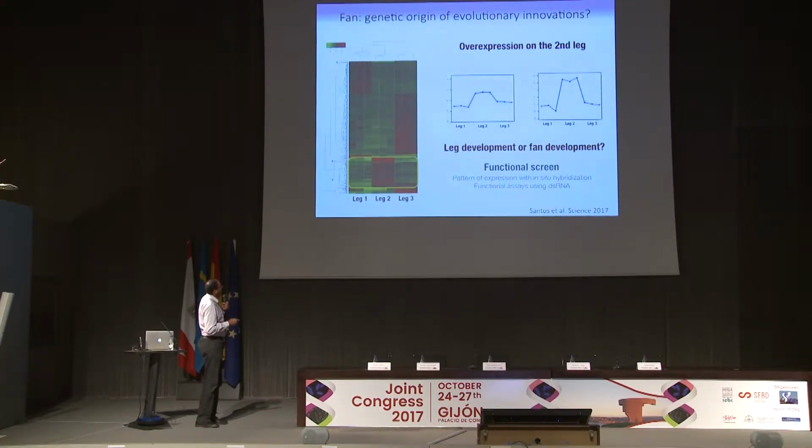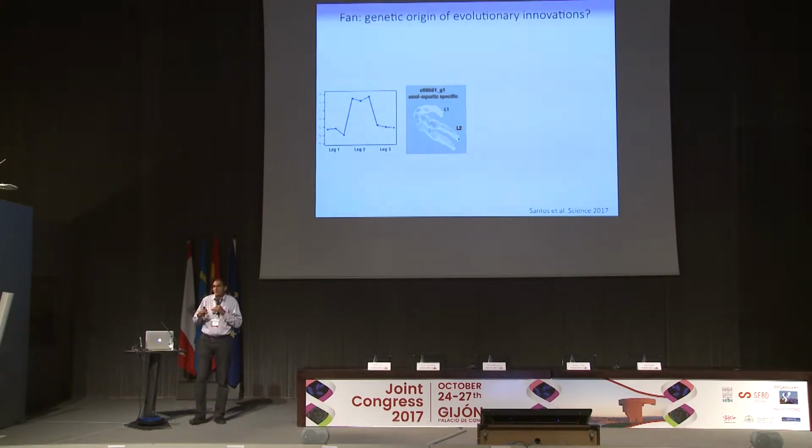We classified these 90 genes in terms of expression pattern based on in situ hybridization. When we did our transcriptome, it was the entire leg, but the fan only develops at the tip of the leg. So some of those 90 genes probably are expressed in different cell populations than the ones that make the fan. We wanted to know if we have genes that are expressed exactly where the fan appears.